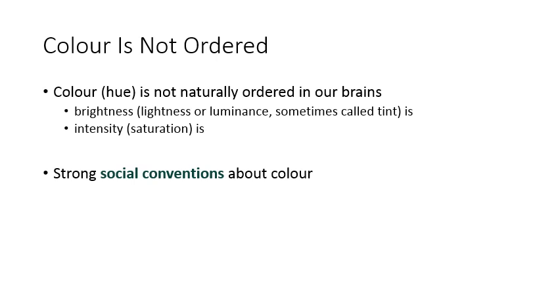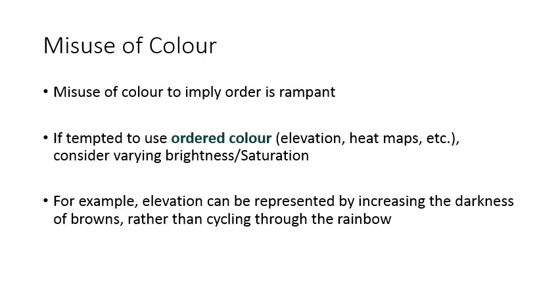Brightness talks about how light or how dark a colour is, going from black to white. And then intensity is how strong the colour is, whether it's a grey tone or a pure, very vivid colour with high saturation. So the misuse of colour to imply order is rampant, as we saw in that previous example.